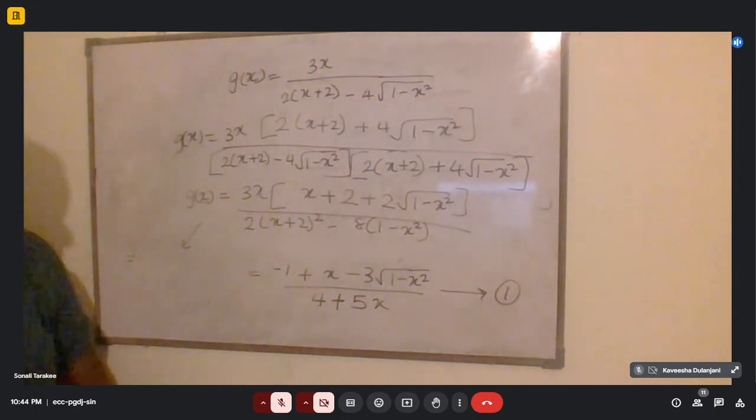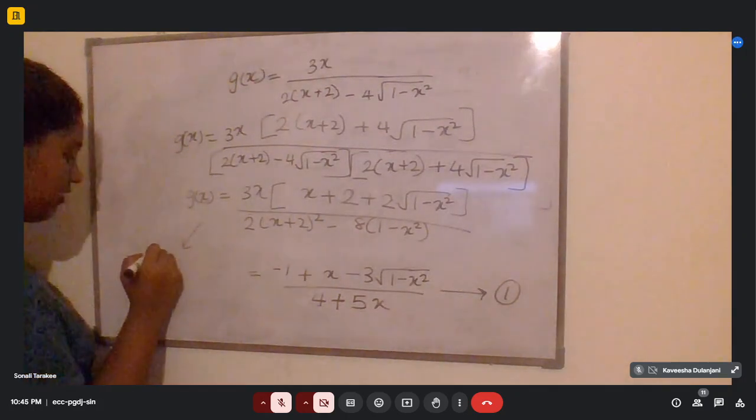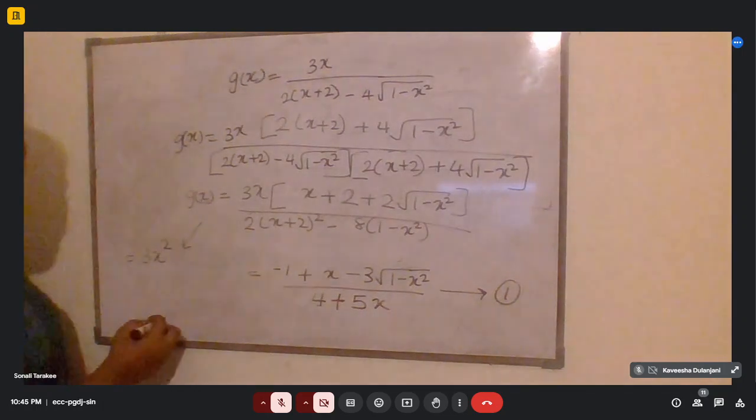Now if you simplify this one, you get 3x squared.